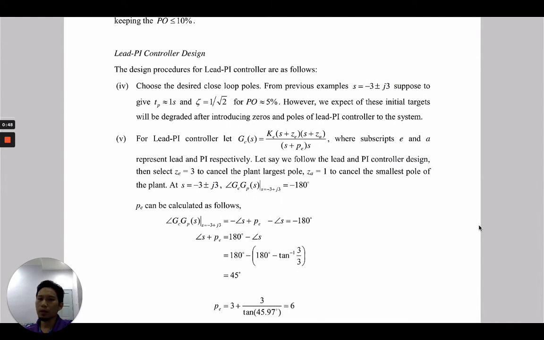The first thing is to choose the desired closed loop poles. To get about 1 second TP, we select omega d equals 3. So we select the closed loop poles at the location -3 plus minus j3 to give the desired TP.